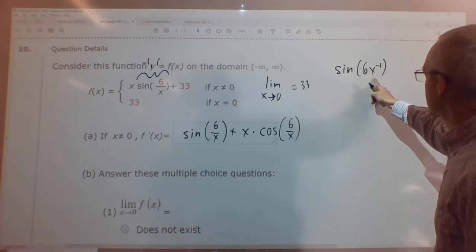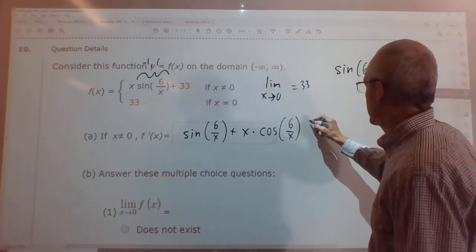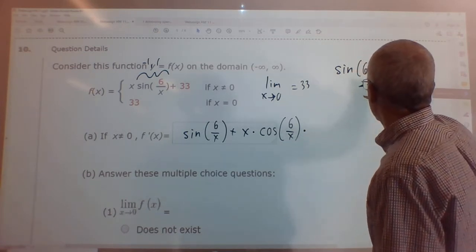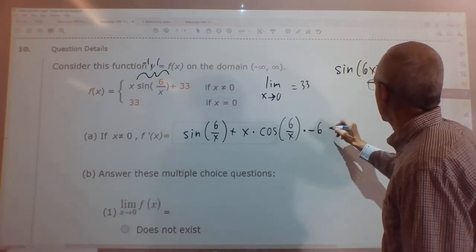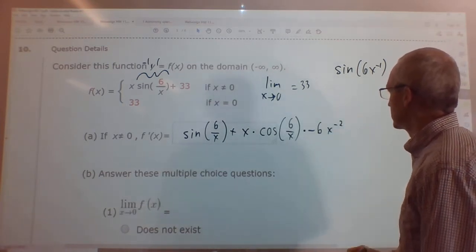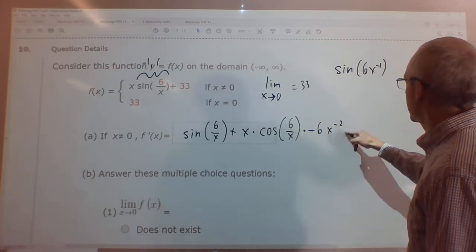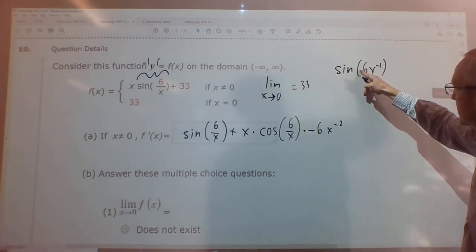What's inside is 6x to the -1. The derivative of 6x to the -1 is -1 times 6 times x to the -2. Be careful, right? It's times -6x to the -2, because the -1 makes it -6, x to the -2.